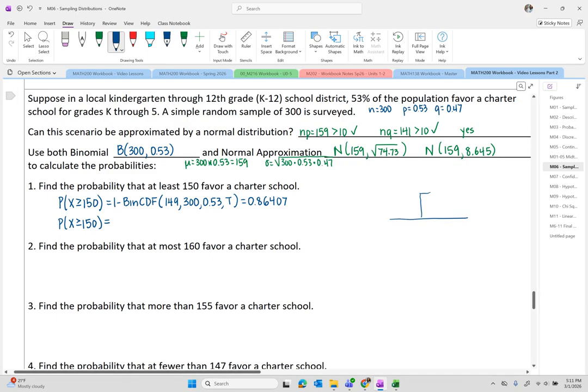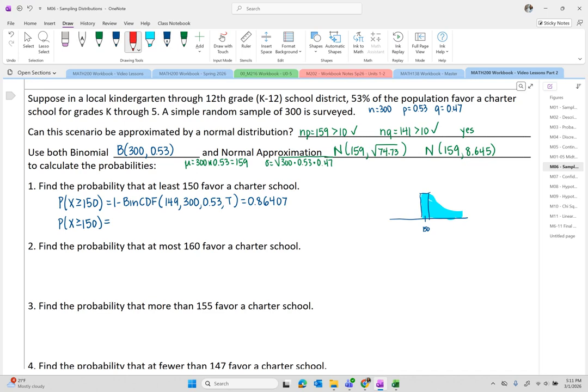If this is the rectangle for 150 and I need in a continuous curve for that area to be included in the probability x greater than or equal to 150, I will want from here all the way to the right of the normal distribution the probability to be included.